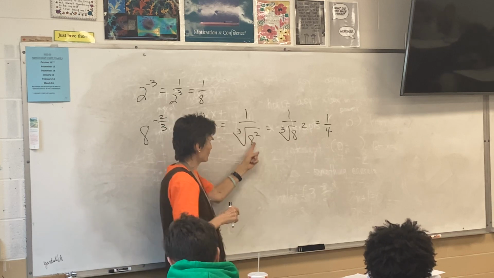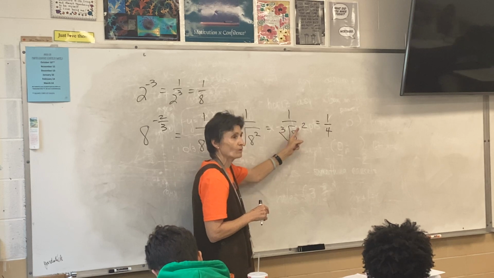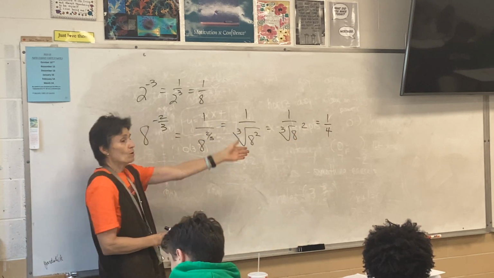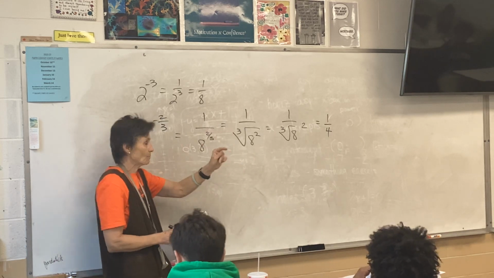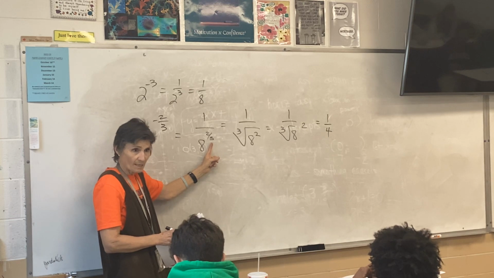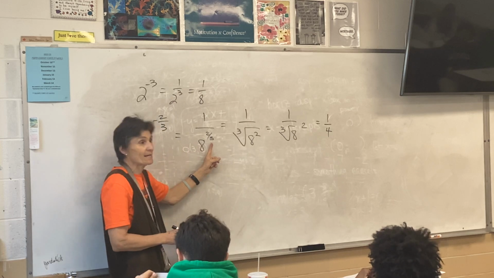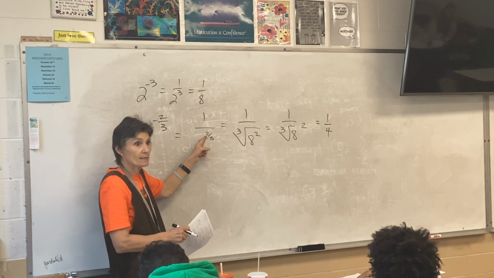But if this number is kind of big, it's usually easier to take the root first and then you take the power. So, for those of you that may have forgotten, Lewis got this exactly right. When you have a fractional exponent, the denominator tells you the root that you are taking, we call it the index, and the numerator tells you the power.